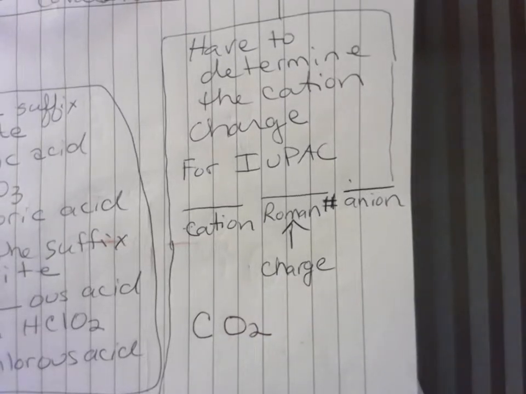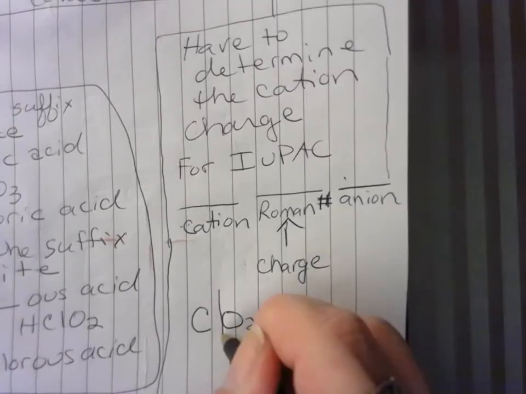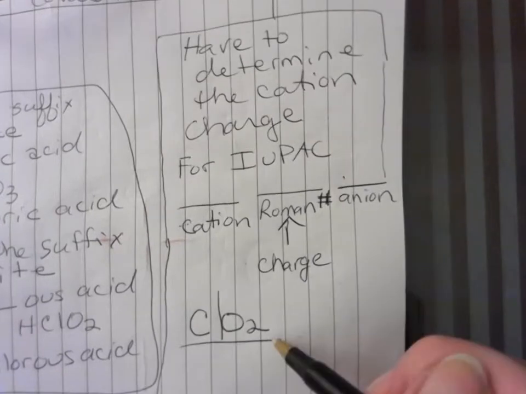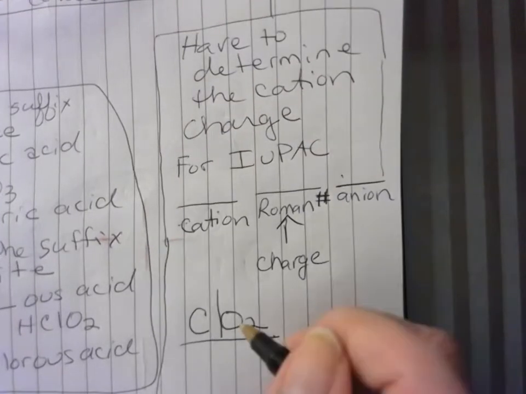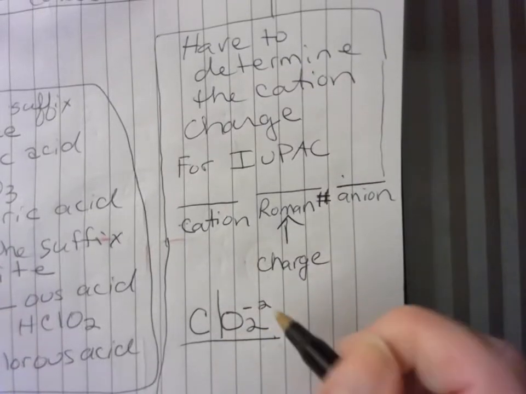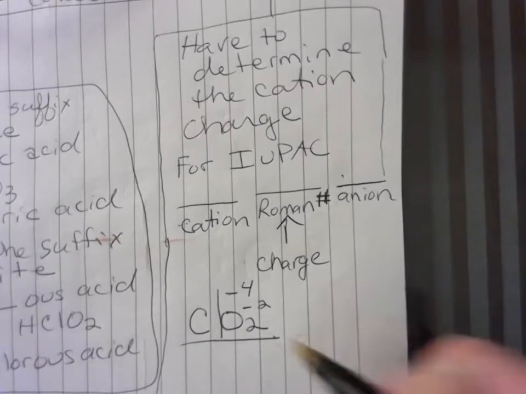We have to determine the charge of the cation from the anion. So we have to work backwards here. Oxide ion is always going to have a -2 charge. I have 2 of them, so my overall negative charge is -4. So this has to be a +4.